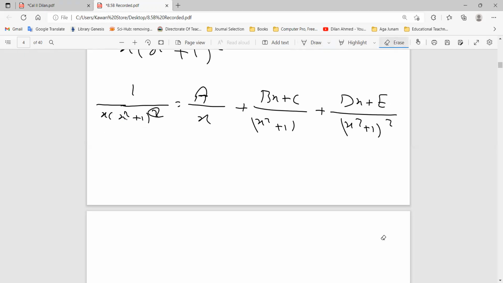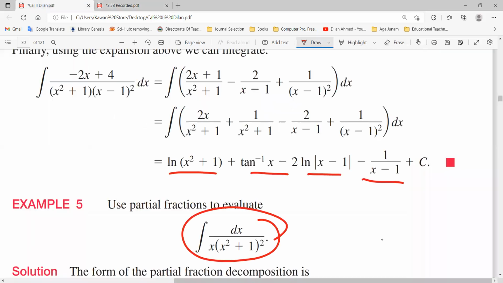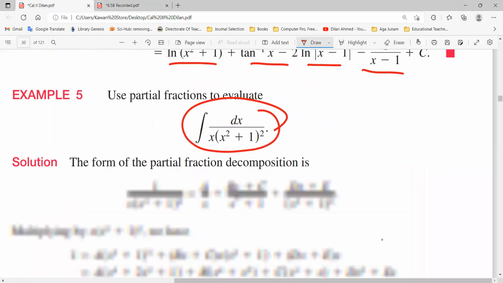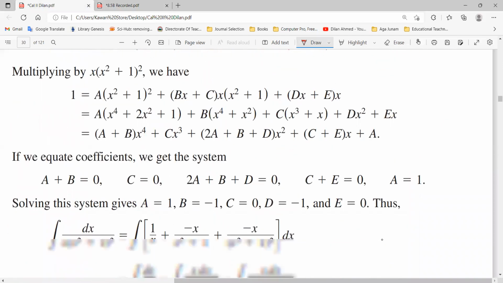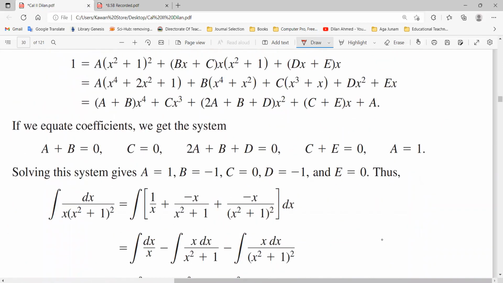Then I'm going to find the value of a, b, c. You can see from here, c directly is equal to 0, and e also equal to 0. From that one, a is equal to 1.